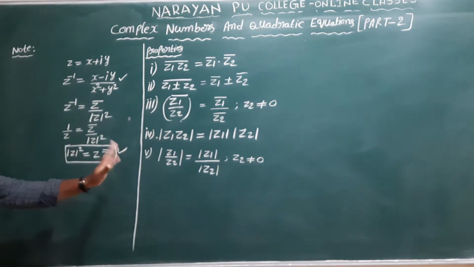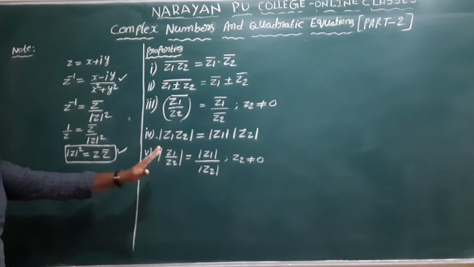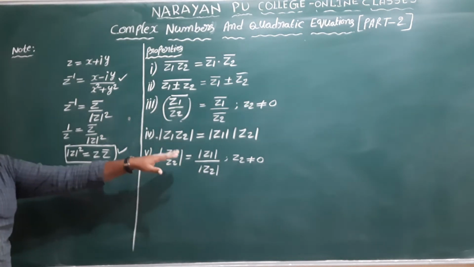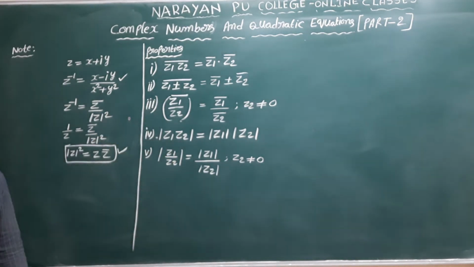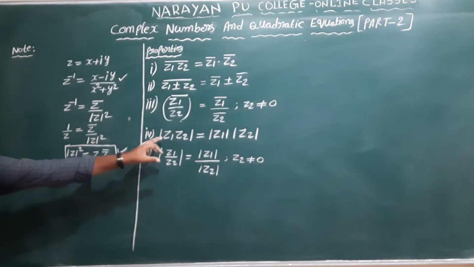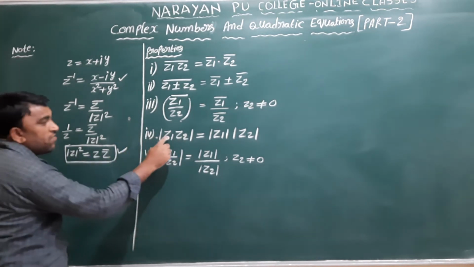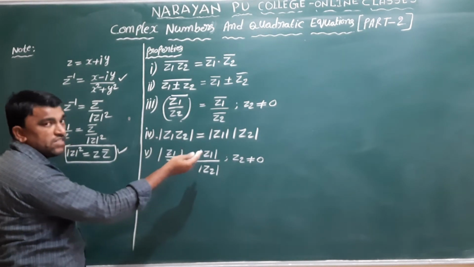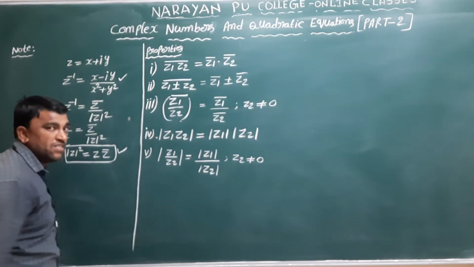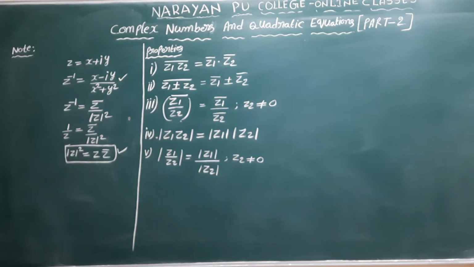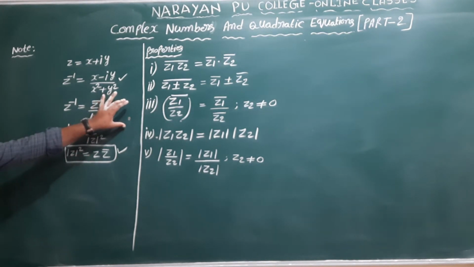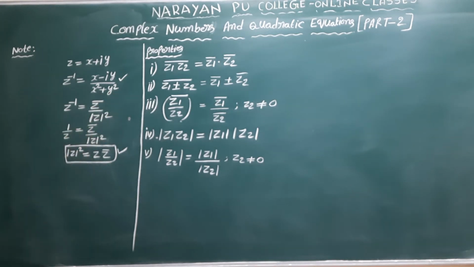But in the modulus, taking plus and minus will differ. We can study those formulas in the objective. In our concepts, only product and division will be there. For z1 plus z2, there are conditions like less than or equal to or greater than, which we will discuss in the objective. So these are the properties involving modulus and conjugate of complex numbers.